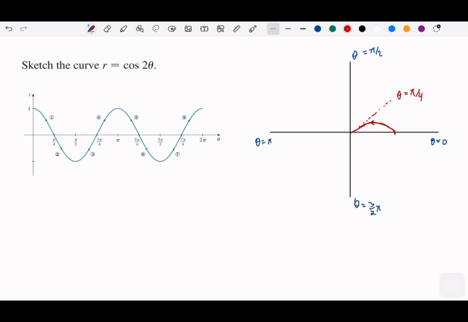And then from pi over 4 until pi over 2, it will increase to the max at radius 1 or negative 1 if you see this value. So it's supposed to go from pi over 4 to here, right? Supposed to be this, but since it's negative, it's here.